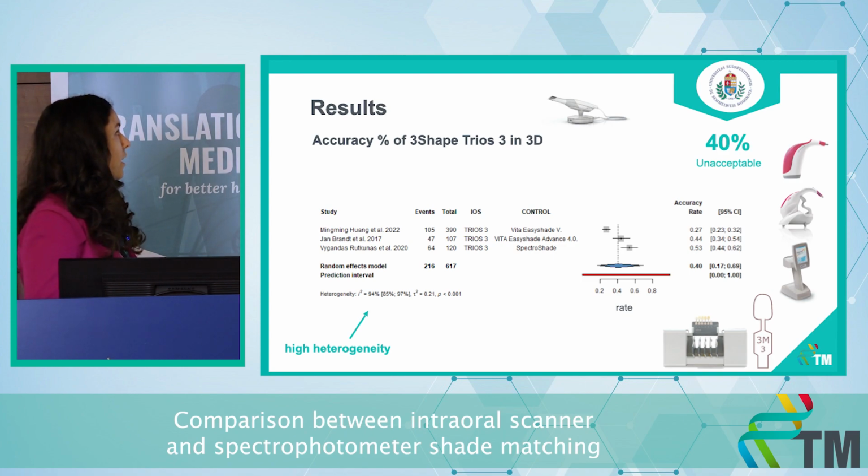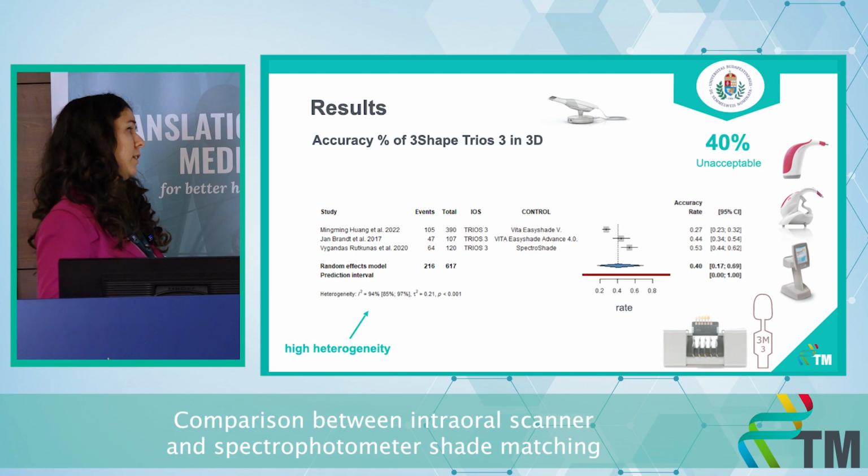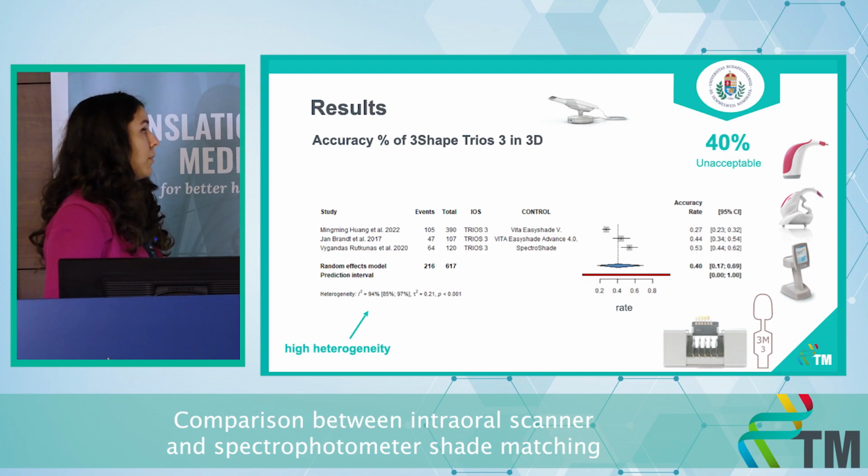Here we can see the accuracy of 3Shape Trios IOS in the 3D Master shade guide, where there were 3 different types of spectrophotometers. And here, unfortunately, we got just 40% matching with the spectrophotometer as gold standard, causing an unacceptable rate of accuracy with a high heterogeneity.